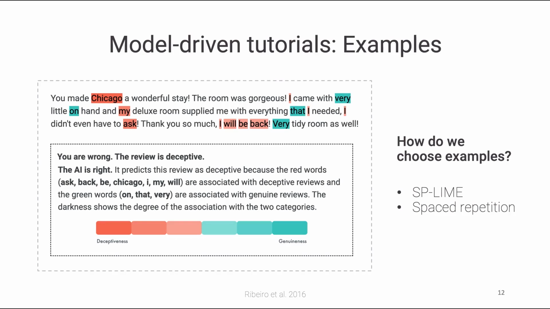It is created such that users can be exposed to important features repeatedly with gaps in between. And ideally, when exposed to important features repeatedly, humans can better retain important information in the long run. In the interest of time, we focus on spaced repetition in this talk, but please refer to our paper for more details.